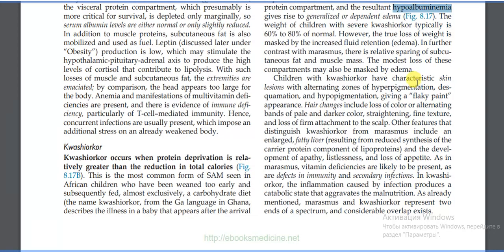Also in kwashiorkor disease, you remember that intake of glucose, intake of carbohydrates, with the absence of amino acids and amino groups intake to the body, these carbohydrates should be deposited, first of all as glycogen, as we discussed.